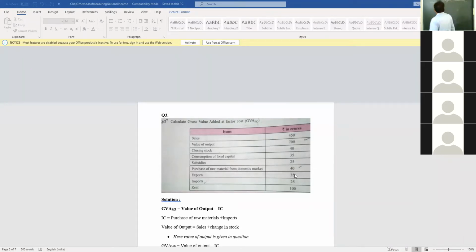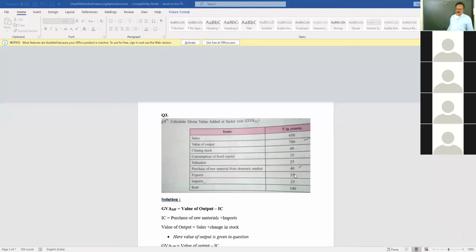So, value of output is given as 700 minus intermediate consumption. How much is it? 40 plus 25. What is 40? Purchase of raw materials plus imports.